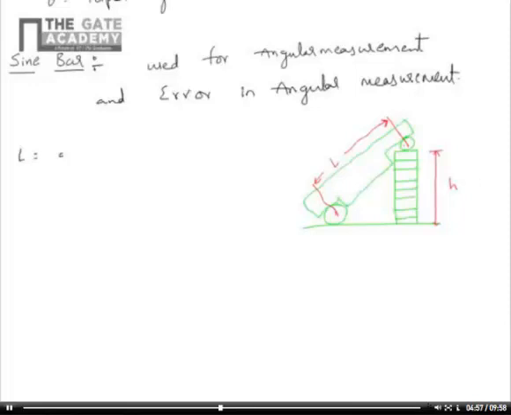L equals the distance between roller centers, and H is the height of the slip gauges.